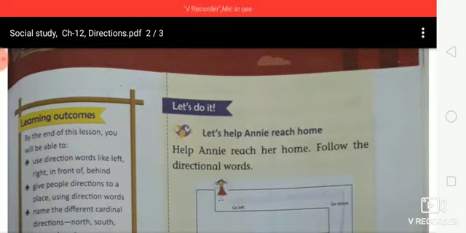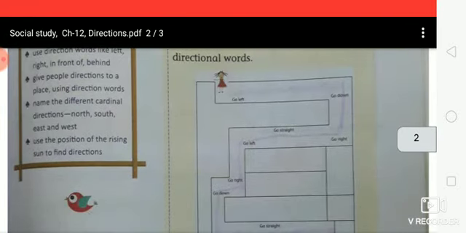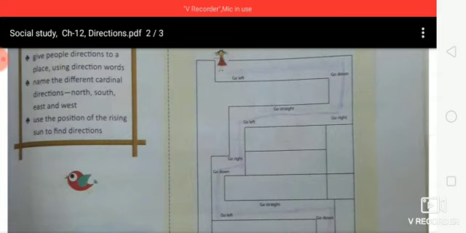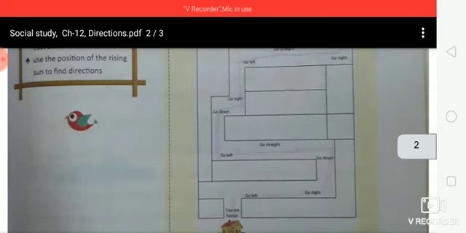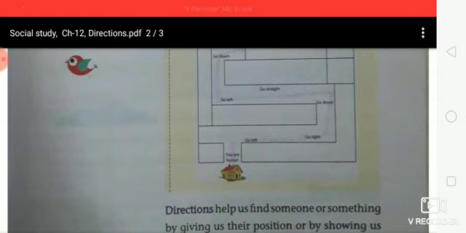Follow the directional words. So first east. Go left, go down, go straight, left, right, down. You are home.